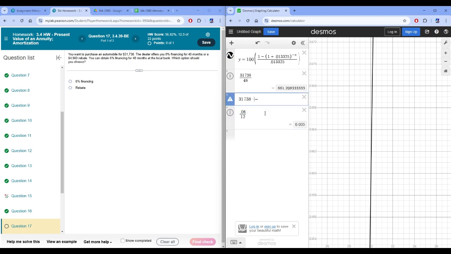So up here, 0.005. Down here it's parentheses 1 minus parentheses 1 plus 0.005 parentheses raised to the negative 48, which would then give me $745.37.